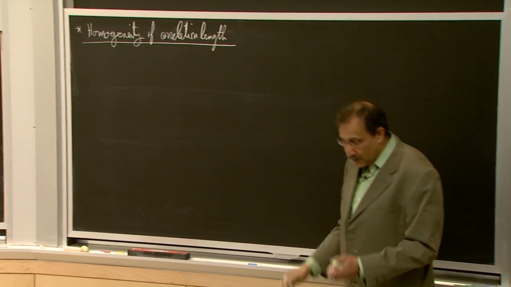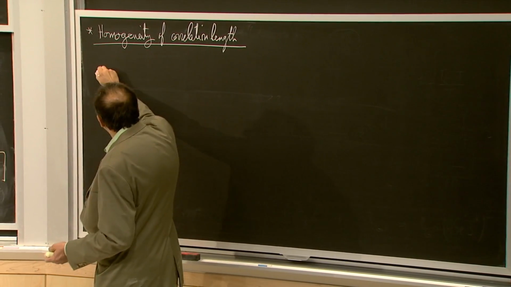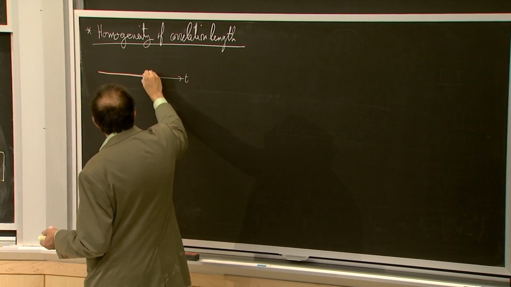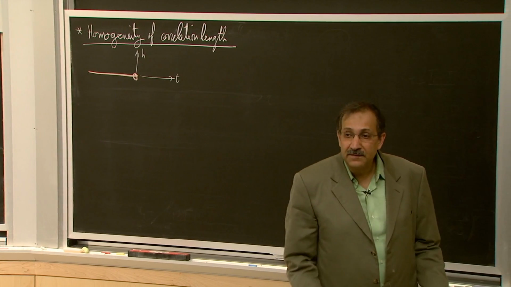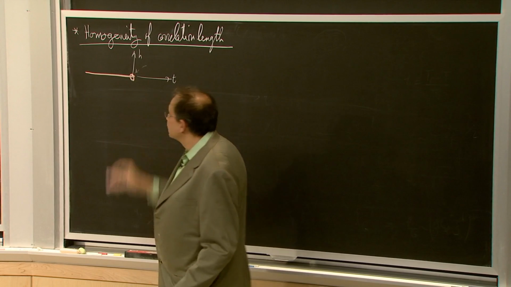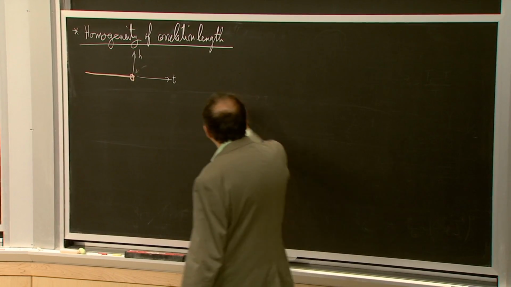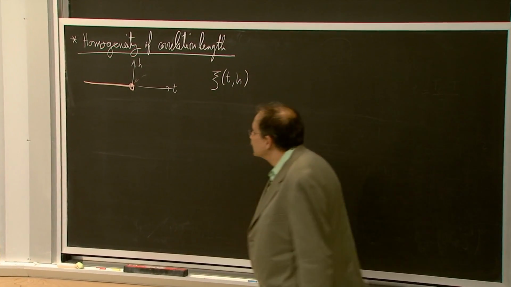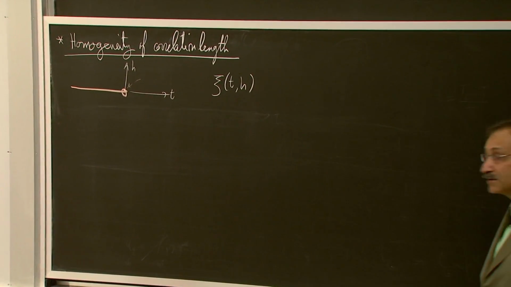Okay. So once more, we have a structure where there is a line that terminates when two parameters t and h go to 0. And we know that on approaching this point, the system will become cloudy. There is a correlation length that diverges on approaching that point as a function of these two arguments.